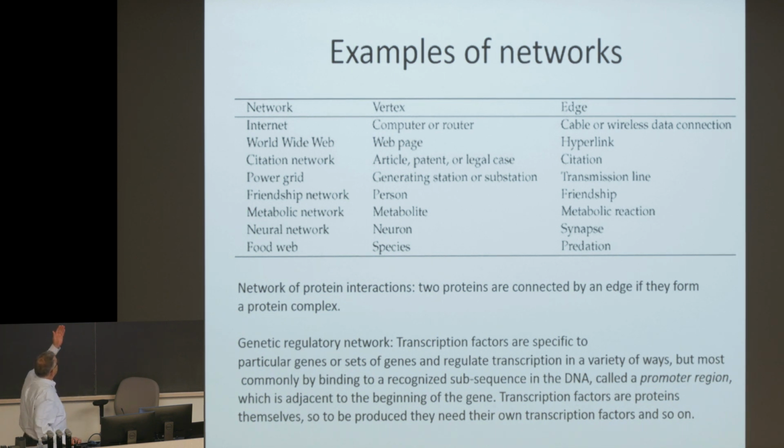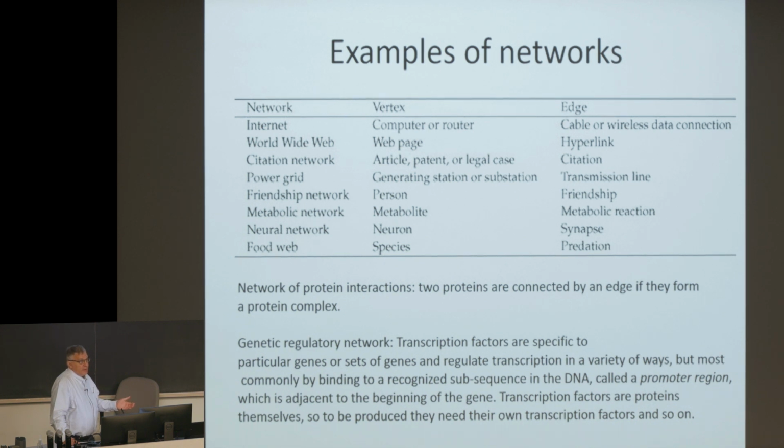And a very nice example of a biological network is a metabolite network. A metabolite is a small molecule, like sugar, for example, which reacts with many other molecules, and sometimes the reaction has several reactants and several products.